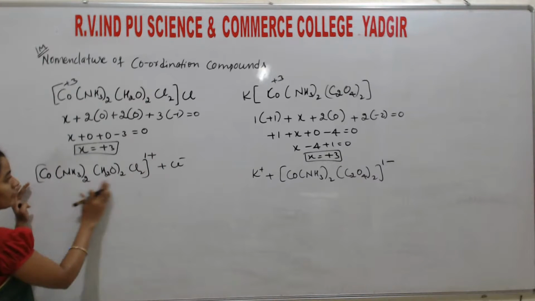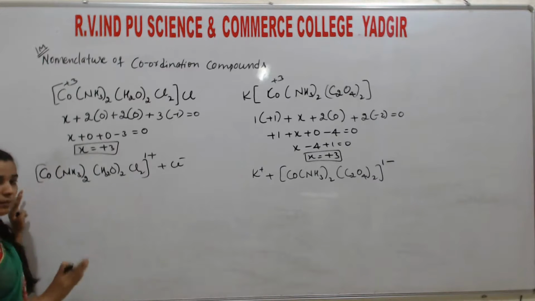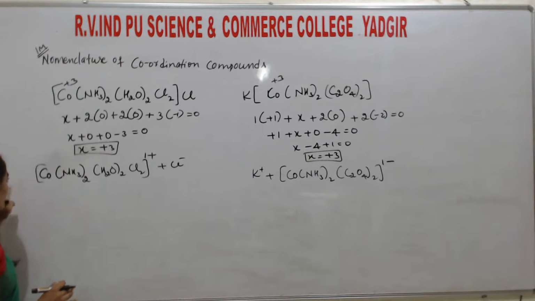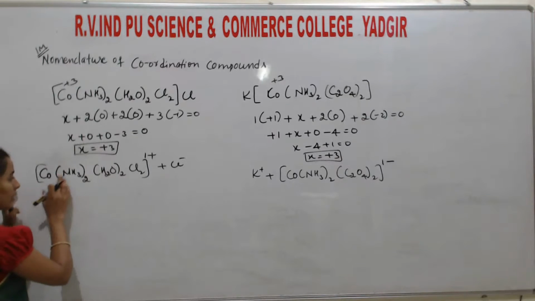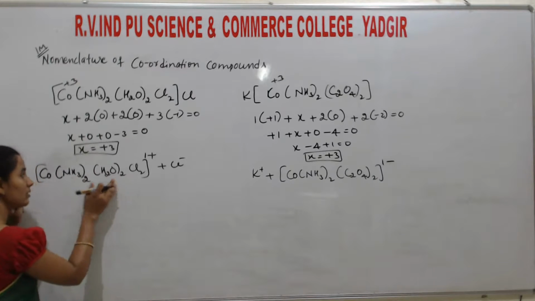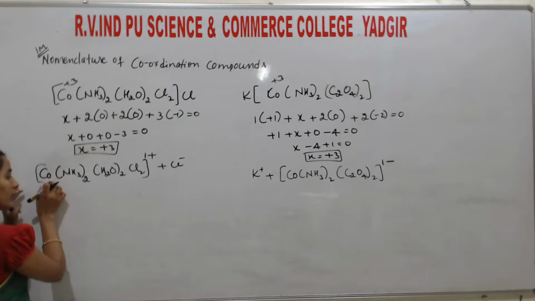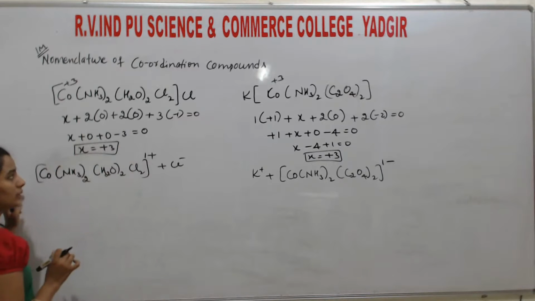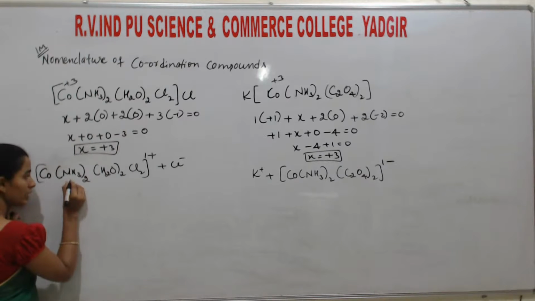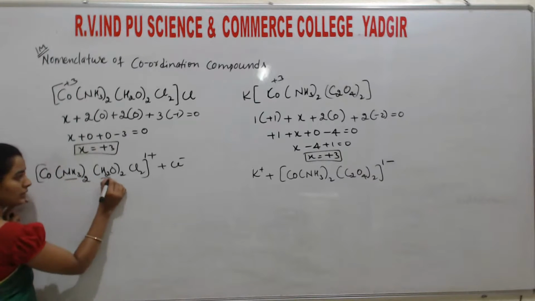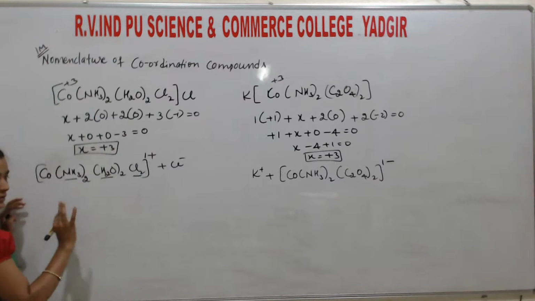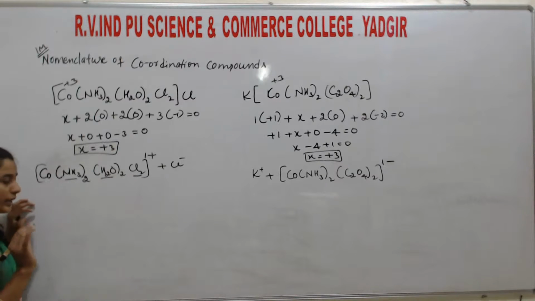Here students, first we got the cationic complex. Okay, so in this, in the name of the coordination sphere, ligands are named first, followed by cobalt, the name of the metal with the oxidation number. So listen, here this is amine, this is aqua, this is chloride. This is as it is in alphabetical order.